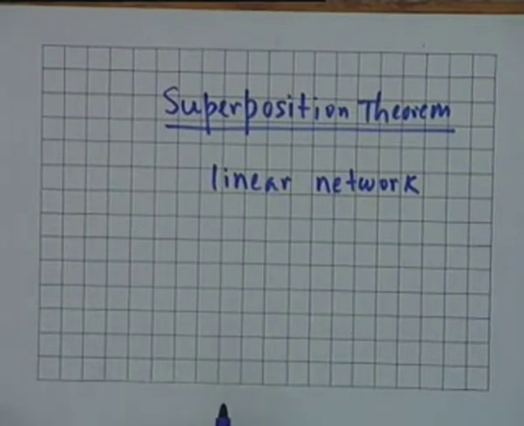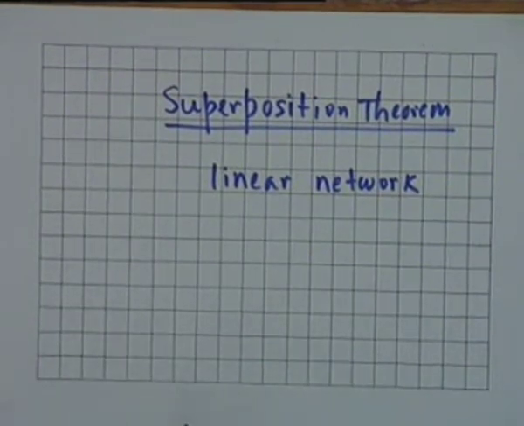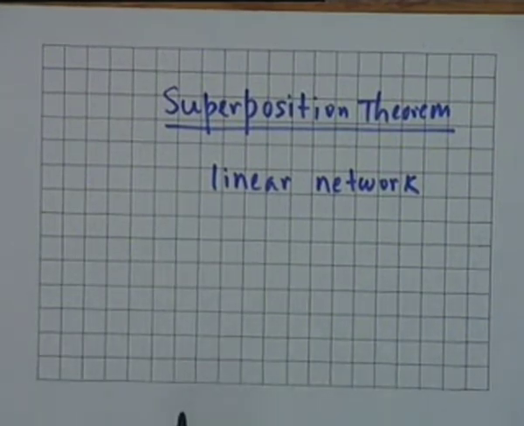Try to understand this, you will write later. The theorem concerns a network in which there is more than one source. Maybe there are a few voltage sources, a few current sources and so on, and you want to find out the current or voltage in any branch of the network.